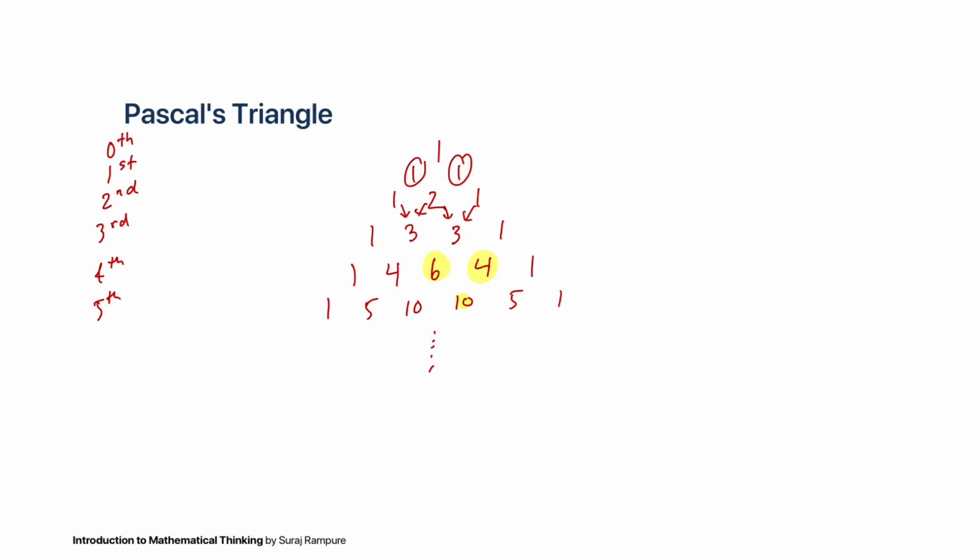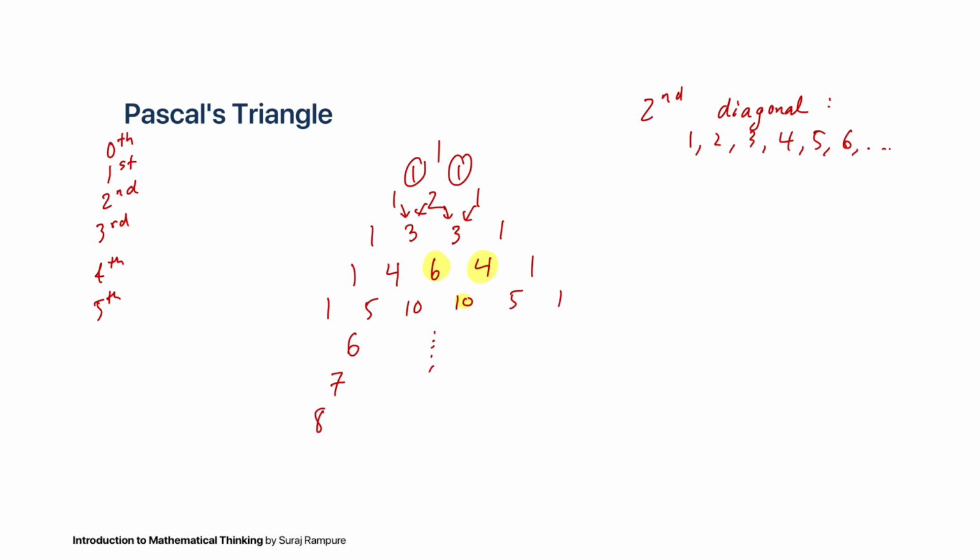As we go along the second diagonal, it just goes 1, 2, 3, 4, 5. Good. So one pattern is the second diagonal gives us 1, 2, 3, 4, 5, 6, so on and so forth, right? A 6 would come here, a 7 would go there, 8, so on and so forth. So good, that's one pattern.